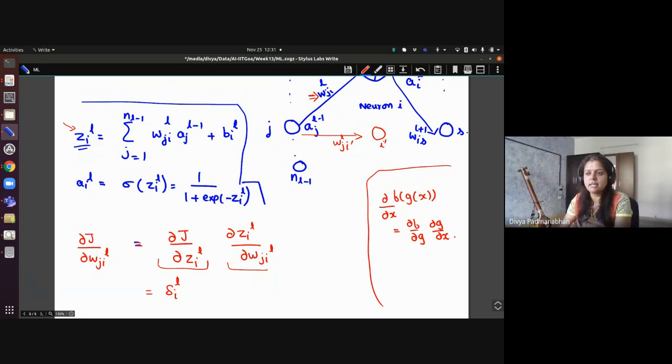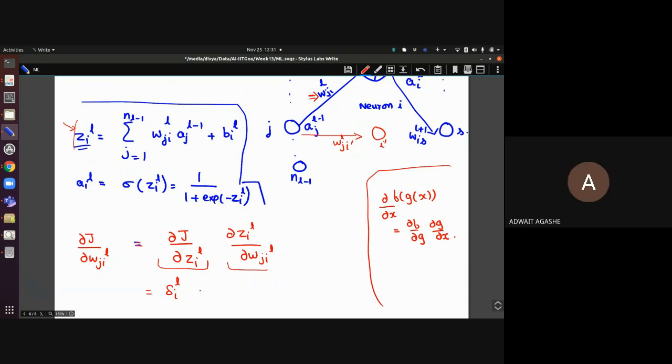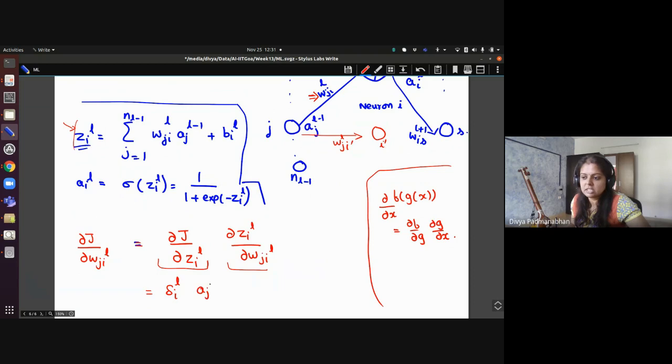So can you tell me what that is by looking at this? This is how you compute zi. So what is this going to be? AJ of L minus 1. Yes, exactly. So it's just aj of L minus 1. So that's just about it.